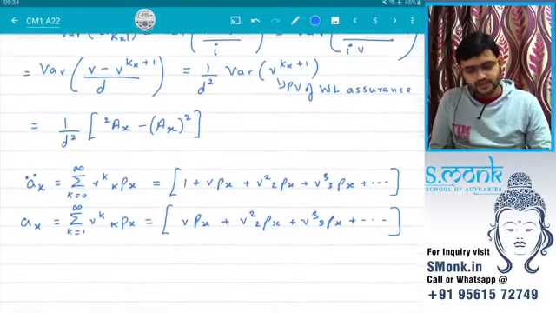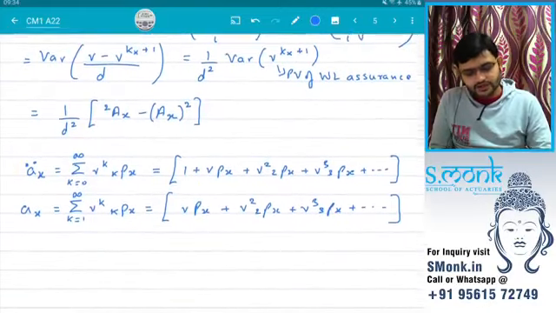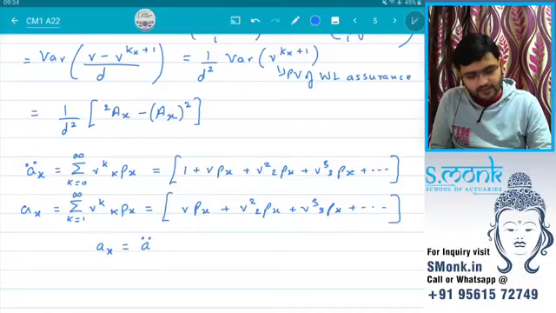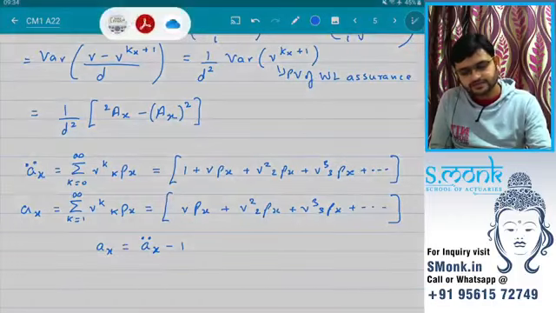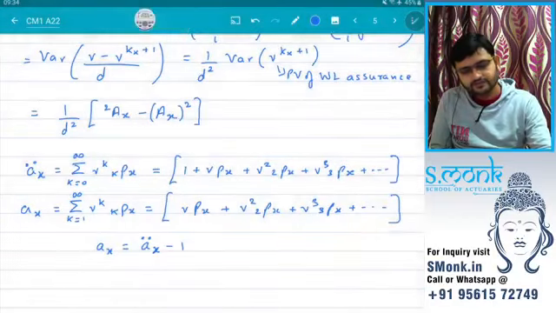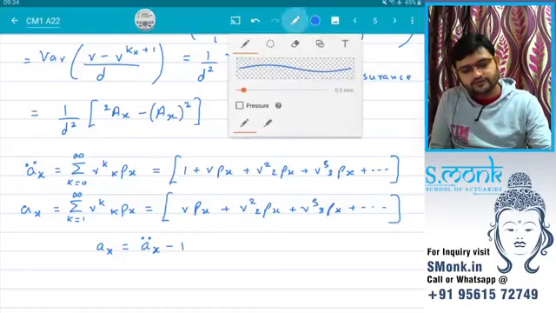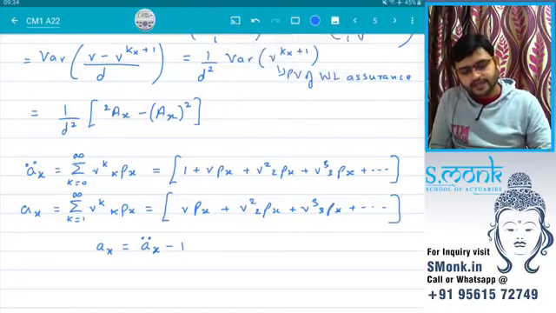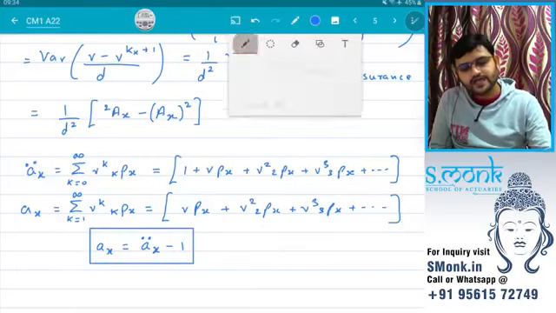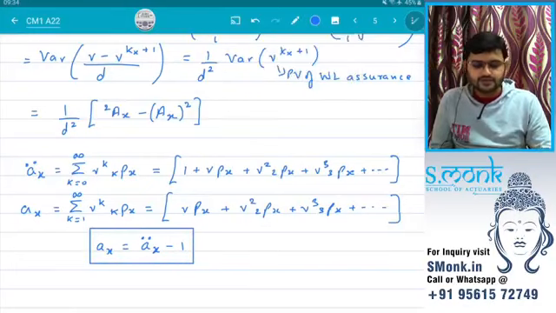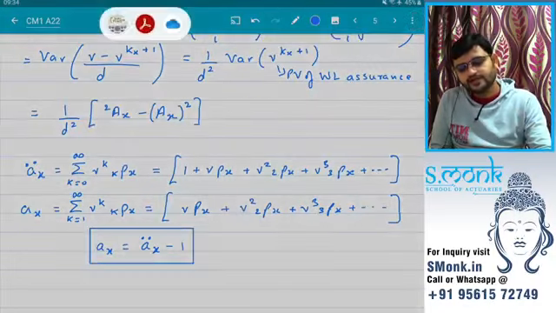Okay. Now looking at this, we can also easily conclude that ax is nothing but a double-dot x minus 1, right? Very straightforward. So it's a very important formula, because in our table book everywhere they have given us a double-dot x. From a double-dot x we can easily calculate then ax.